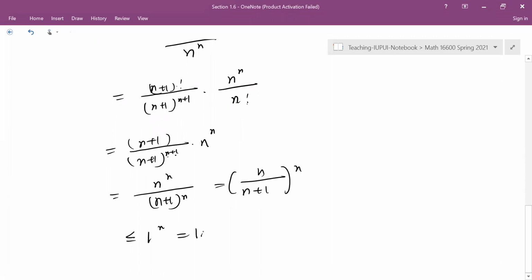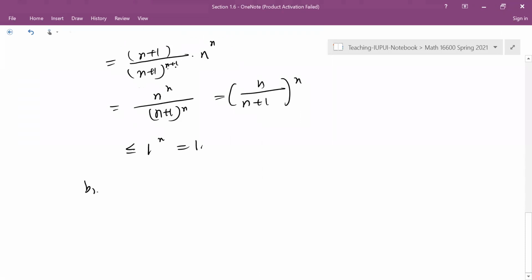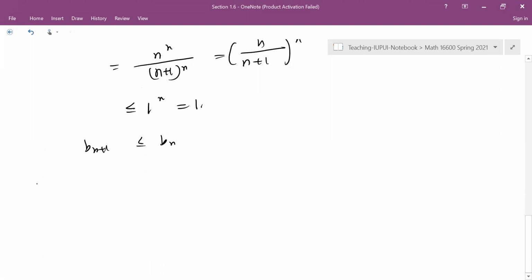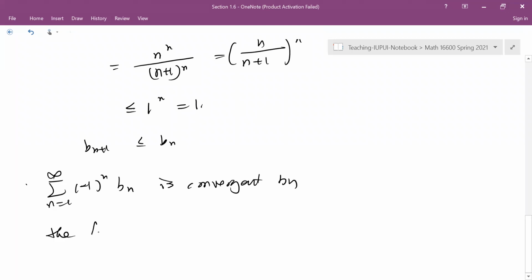So it's less than 1. Clearly, then Bn plus 1 is less than or equal to Bn. Okay, great. Therefore, this series is convergent by the alternating series test. And I'm going to go back to this problem again later, okay? We are going to learn some new method to prove it's convergent.